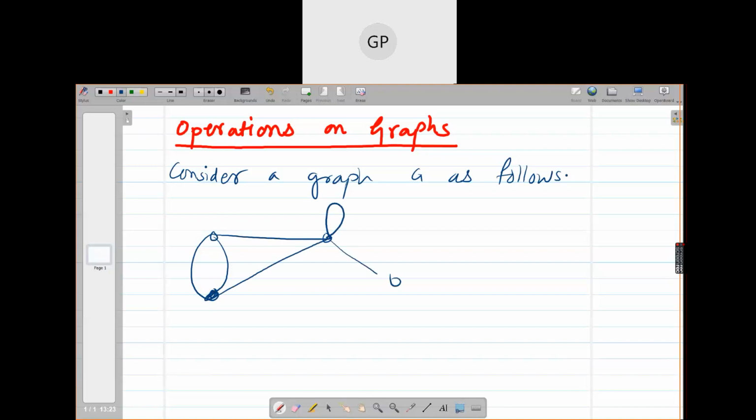Then another vertex. So this is V1, V2, V3, V4, V5. Then E1, E2, E3, E4, E5, E6 and E7. So this is your graph G.